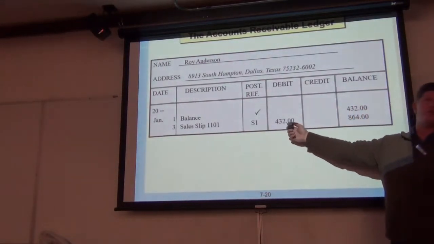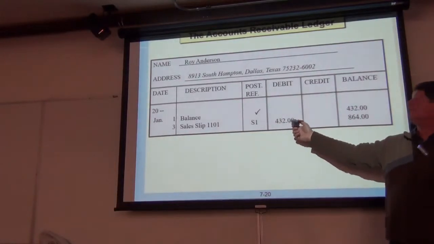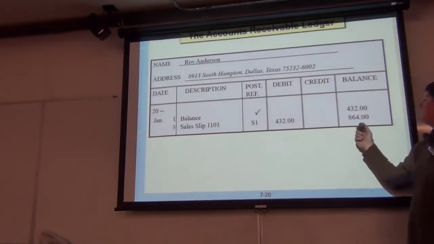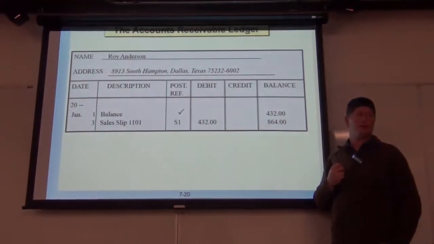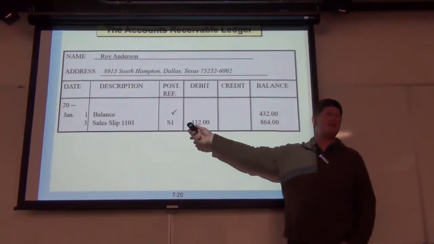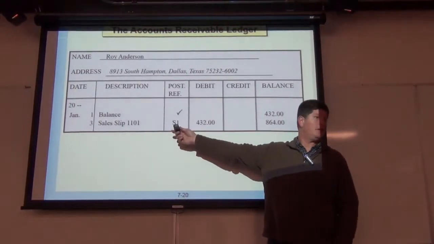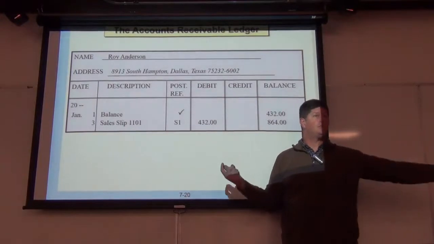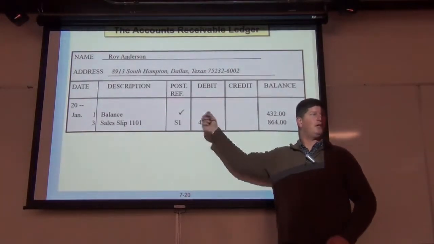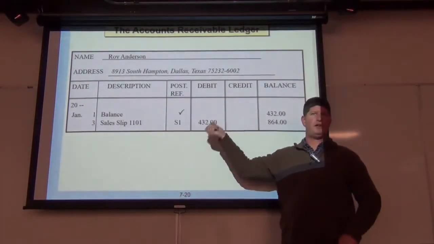He owed us $432 in total, right? So we add the two together. His new balance is $864. Everybody see how that worked? And we pulled this straight off of the Sales Journal. And when we do, we put that little check mark in the post-reference column. Good? And we do this every day for every customer.